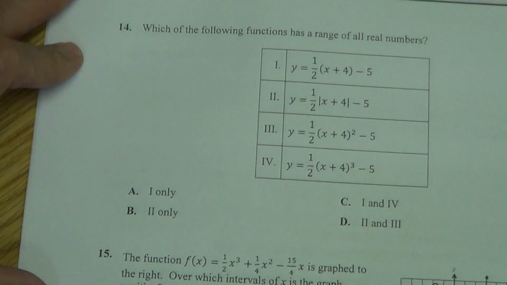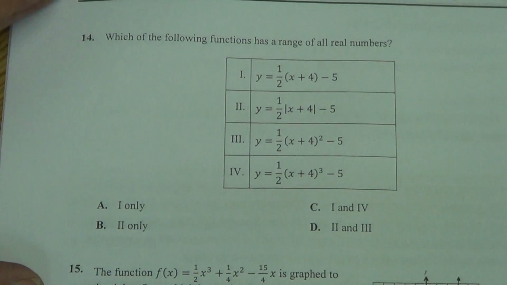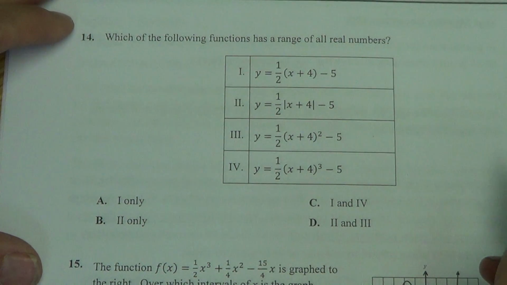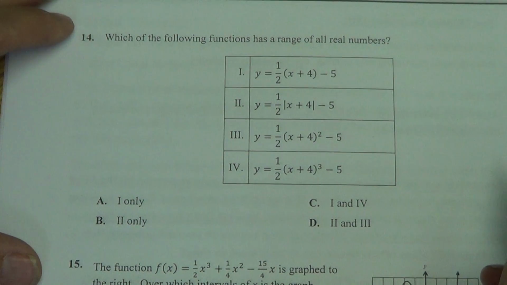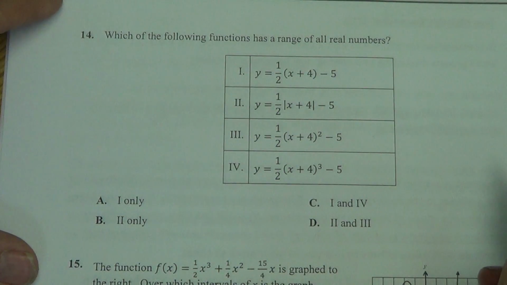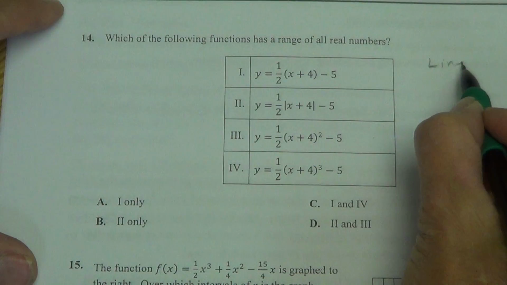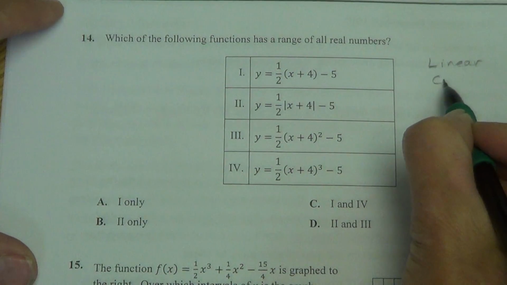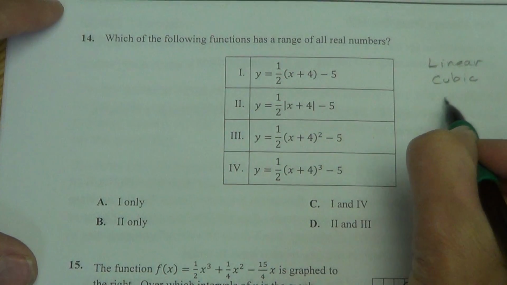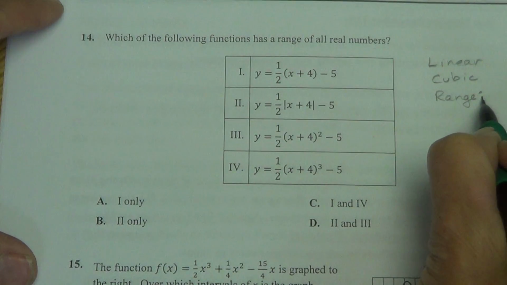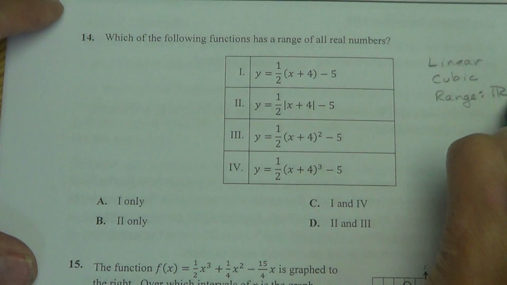Okay, next one. Number 14. Which of the following functions has a range of all real numbers? Well, I would go back to what I just said. Linear and cubic have ranges that are all real numbers.